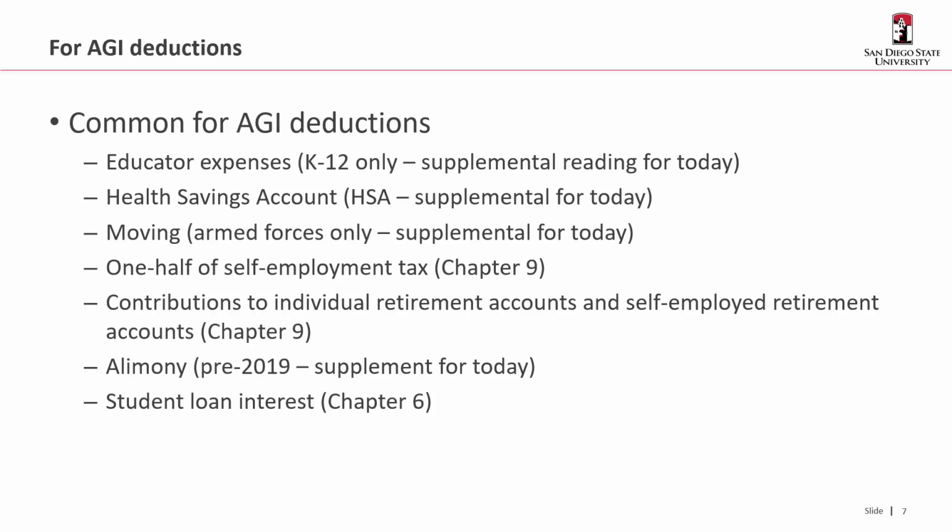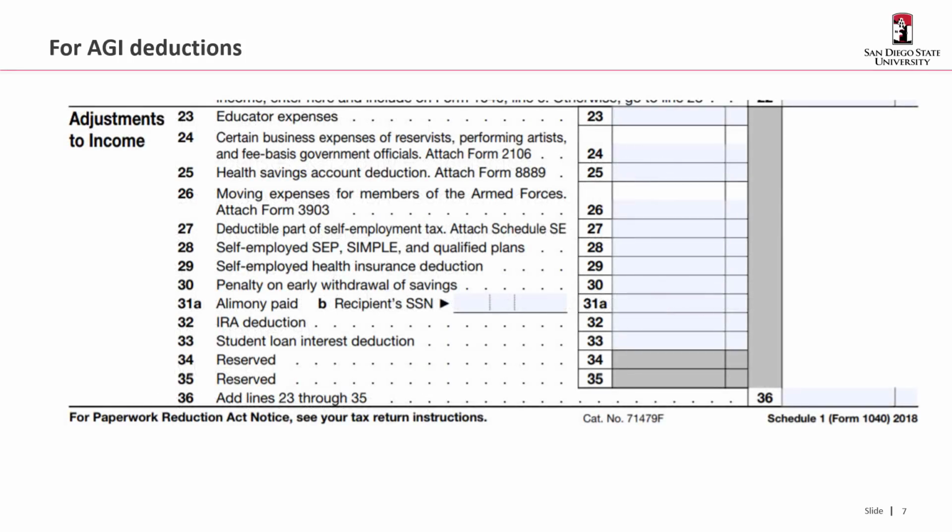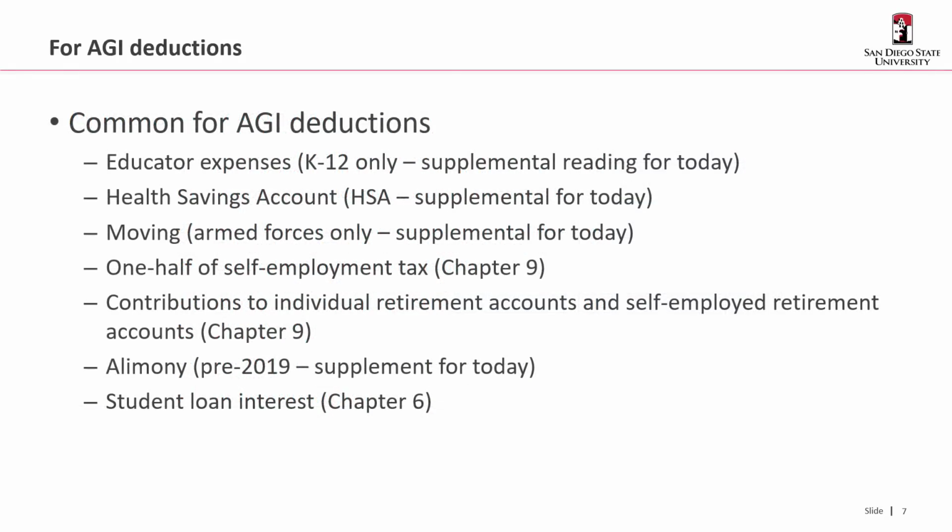And as you recall, last module we went through Schedule 1 of Form 1040. And if you look at the bottom of Schedule 1 of a Form 1040, you can find virtually a list of the common for AGI deductions because that's where you would normally report them. So some of these we're going to cover today and some we're going to defer until we cover those items in more detail in later chapters.